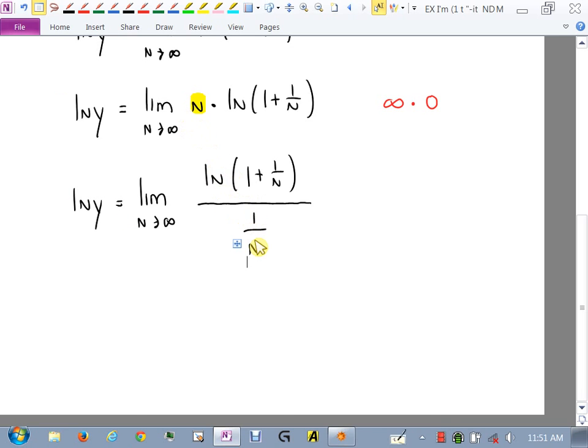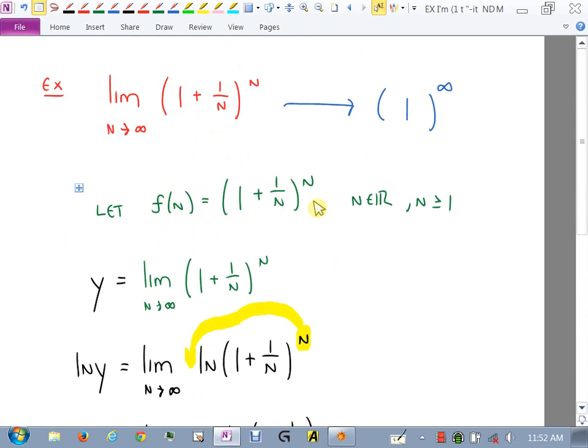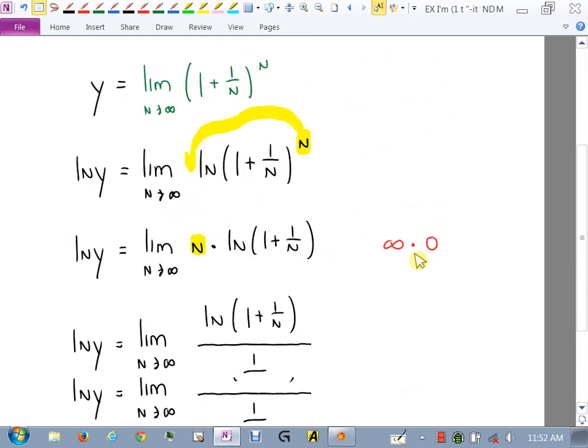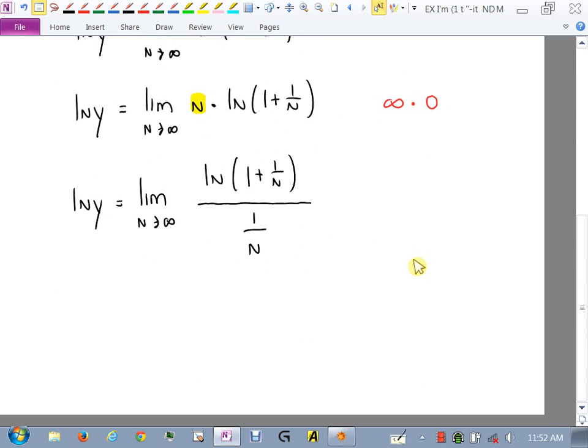That's the same thing. And by doing it this way, if I let n go to infinity, we already know that the top wants to become 0. But instead of having infinity out here, 1 over n on the bottom becomes 0. So now I have 0 over 0. And then I can use L'Hopital's rule. That's right. Because I am working with a continuous function on the real number system, I can do L'Hopital.